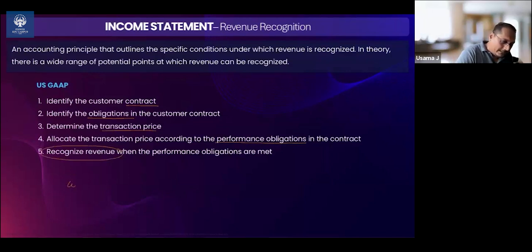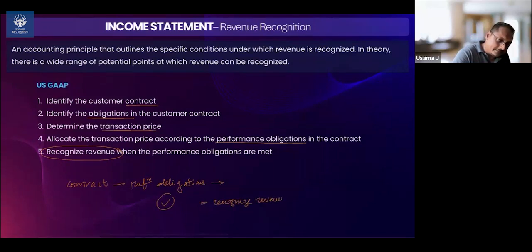So there has to be a contract which delineates the performance obligations, and when the performance obligations have been met, revenue recognition can take place, right?